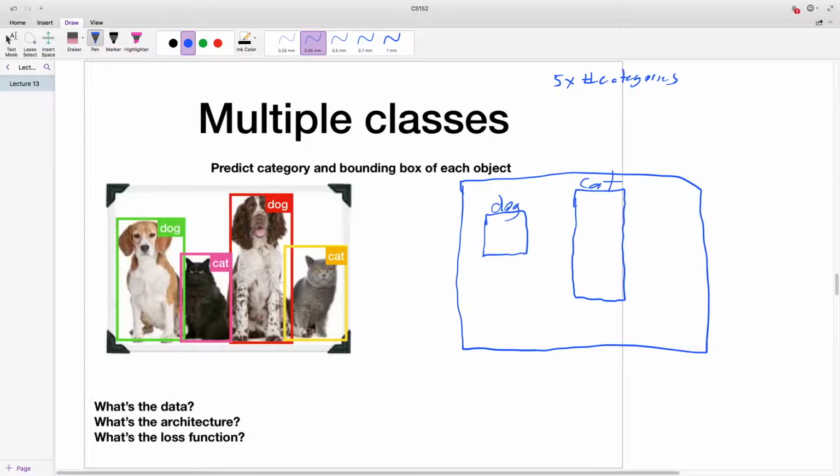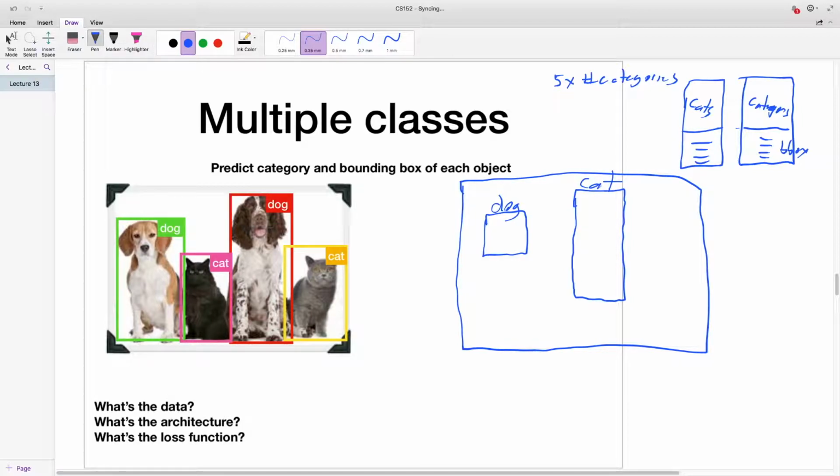I'm trying to understand that. So in this particular case, we've got 2 objects that we are specifying. So we know at the very least we need to have categories, not cats, okay, and a bounding box. And we need another set of categories and a bounding box.